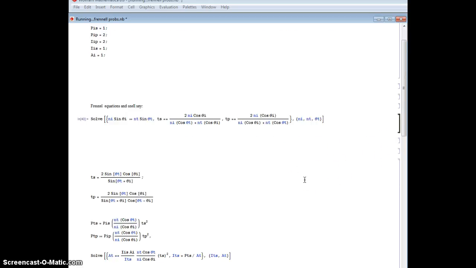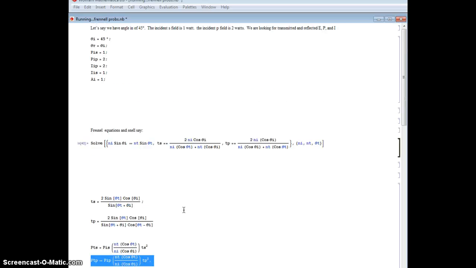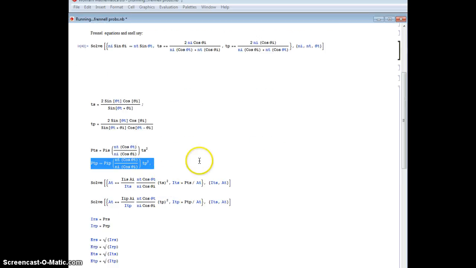That's a problem because I need that information to find further things. For example, our value of Ts is reliant on getting that angle, and Tp, same thing. And then to get power, we need the power transmitted by that equation, which was in our text, and then same thing with P. Again, we already have our incident, now we just need to find our transmitted.